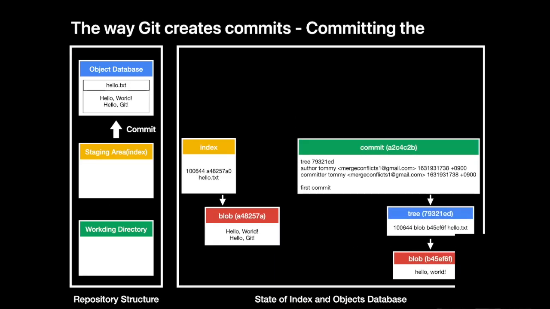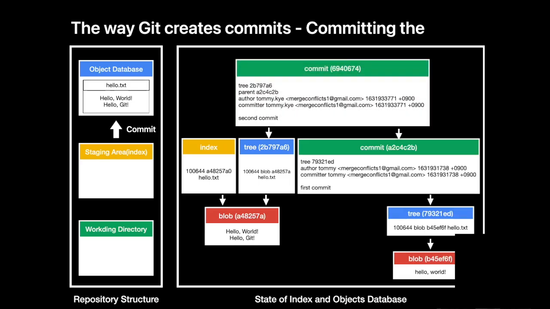This is the state after committing the modified hello file to the object database. A new tree with the hash 2B797A6, represented by the middle blue area, is created, pointing to the blob generated through the index. Additionally, a new commit with the hash 6940674 is created, pointing to this tree.